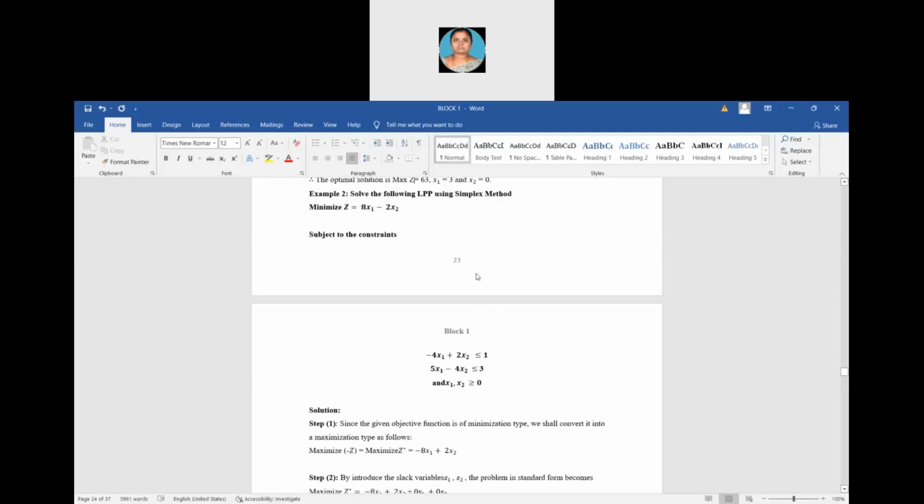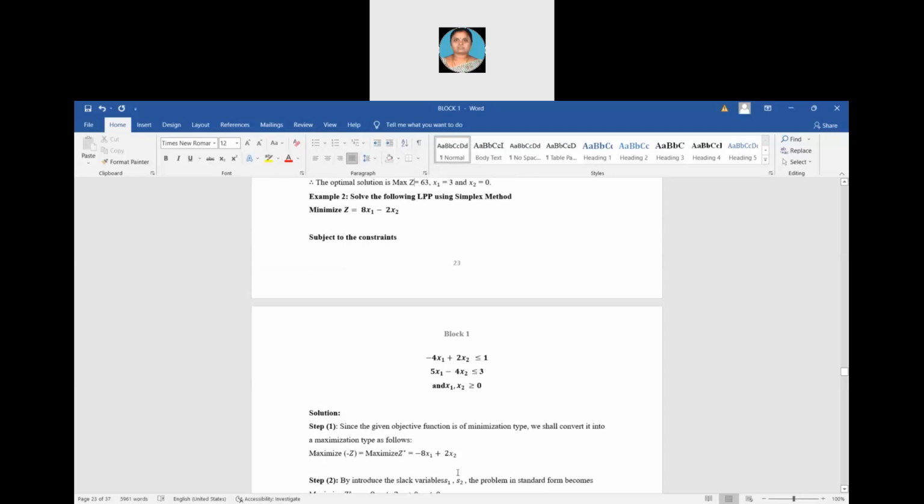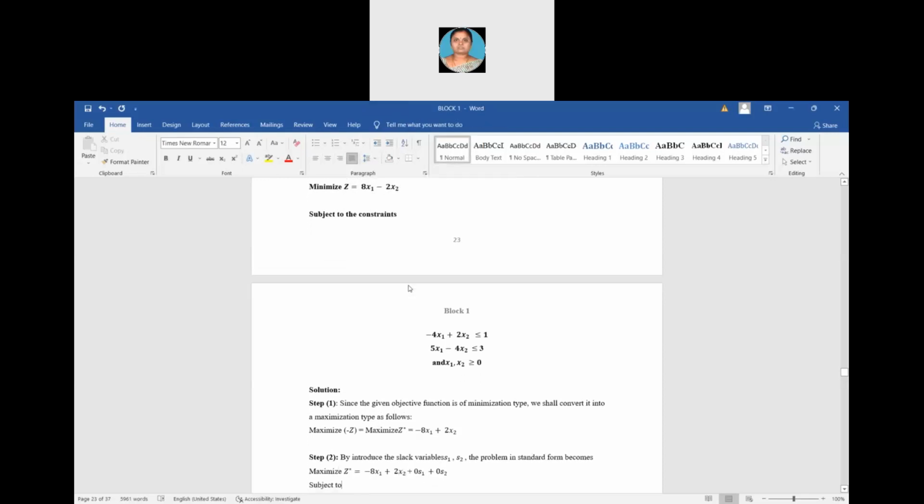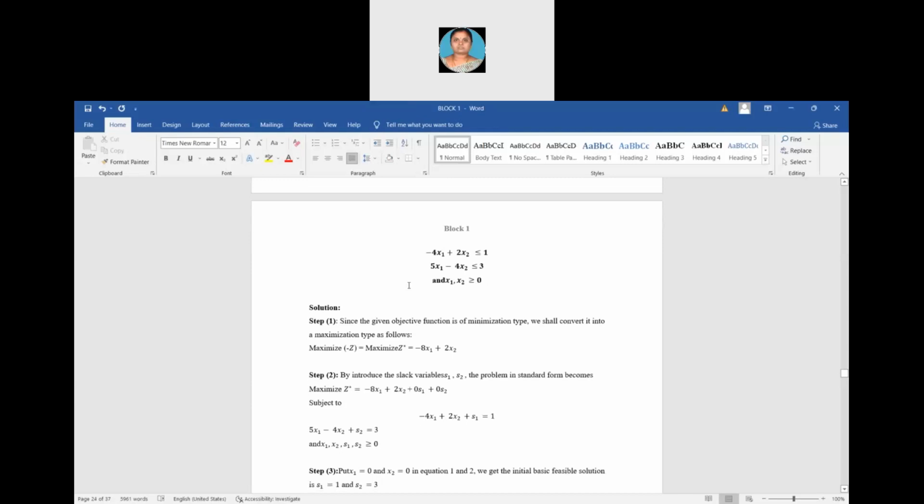This minimize z can be converted as maximize z star, and you have to change all the signs here. That is, 8x1 means minus 8x1, minus 2x2 means plus 2x2. So everything we can convert, and then automatically the minimization has been converted into maximization type.